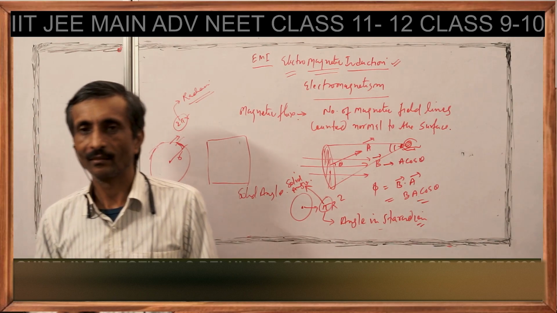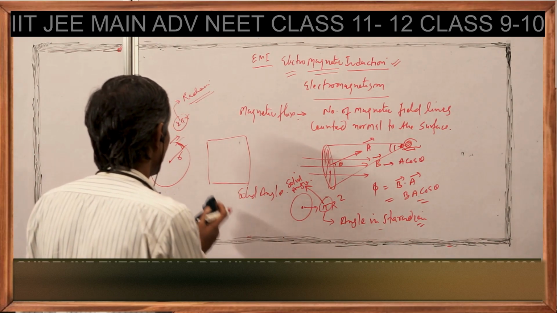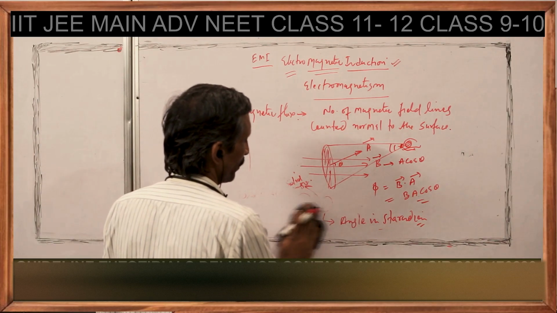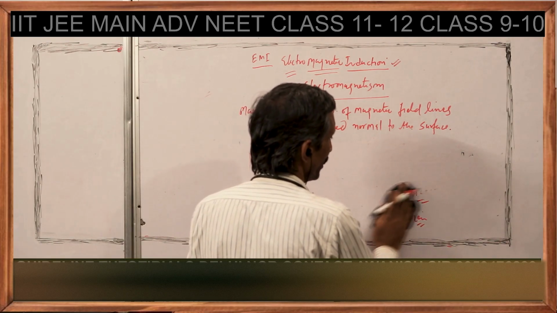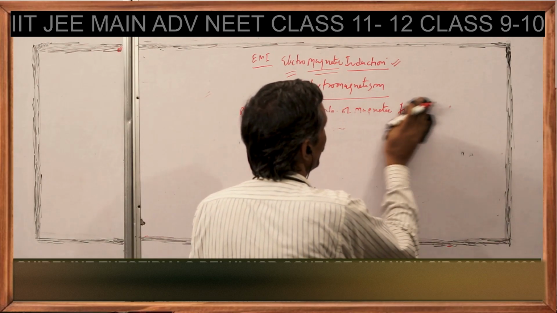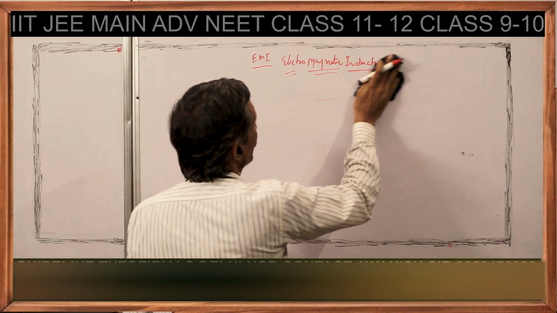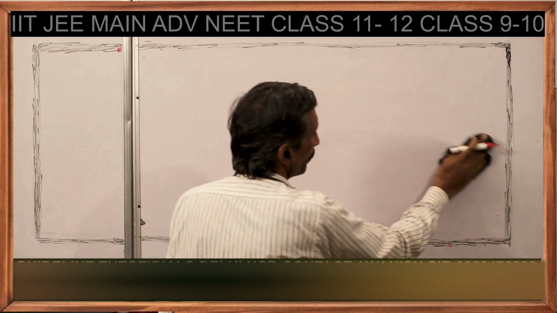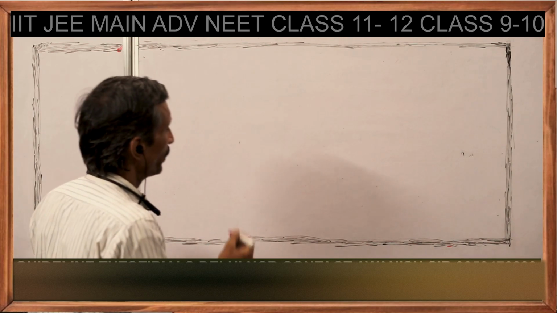According to Faraday, the negative rate of change of magnetic flux is equal to the induced EMF in a conductor, when the magnetic flux is linked through the conductor. This is not a crucial definition, this is a very simple definition.